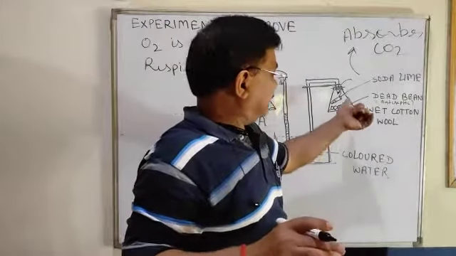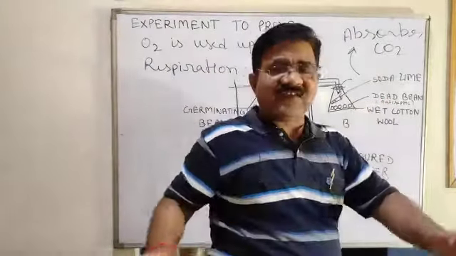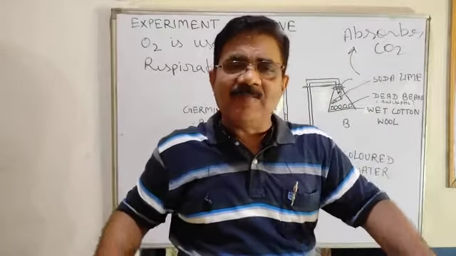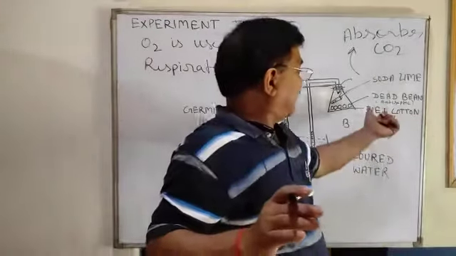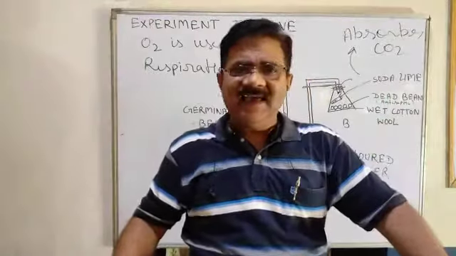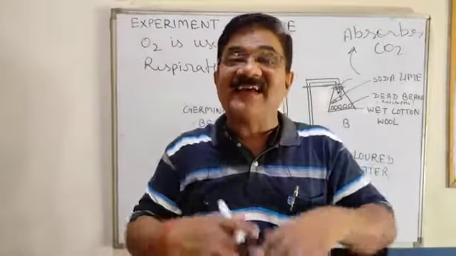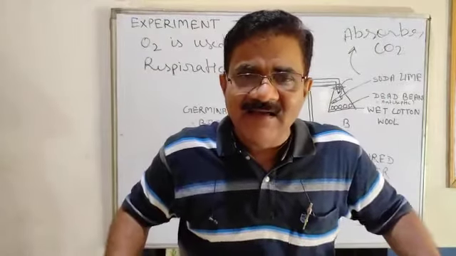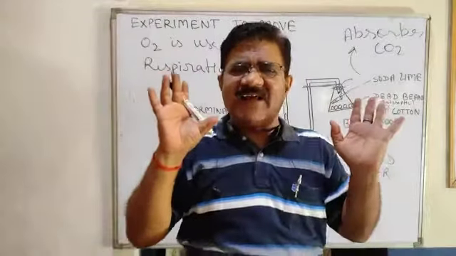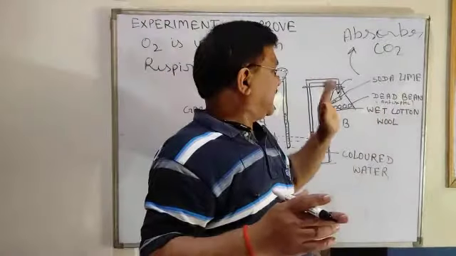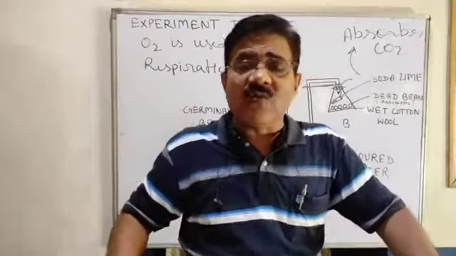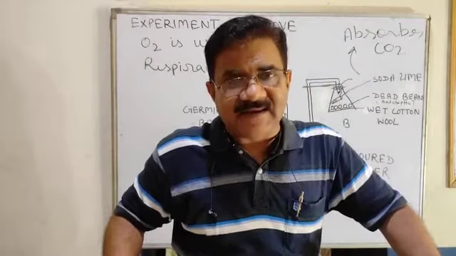Now this bean seed which is dead, by boiling in water, is treated with antiseptic. Any antiseptic like carbolic acid you can take, or Dettol, or whatever antiseptic. Now a question arises, why is it treated with antiseptic?